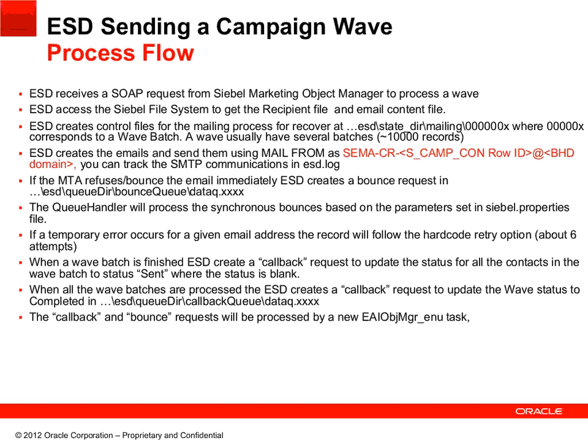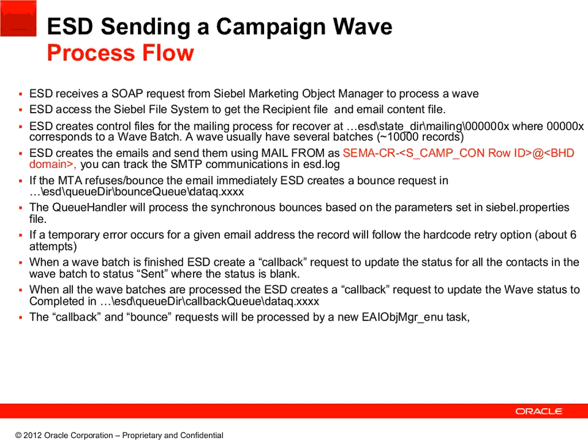If a temporary error occurs for a given email address, it will follow a hardcoded retry option of about 6 attempts and will try to send out the email. If it still fails, it will put it under the bounce queue.